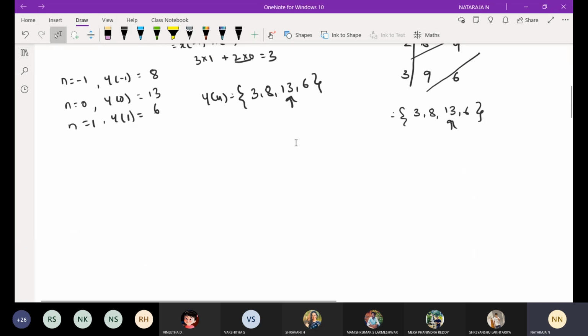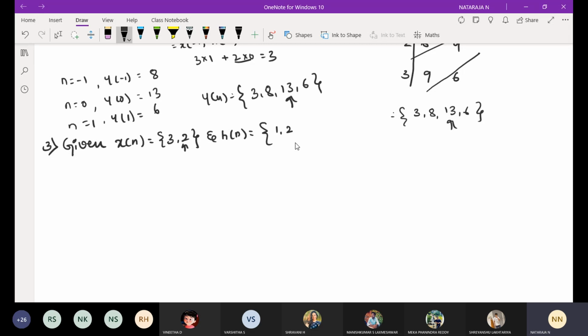We'll move to next problem. Take given x of n is equal to 3, 2, where 2 is the origin, and h of n is equal to 1, 2, 3, where 2 is the origin.